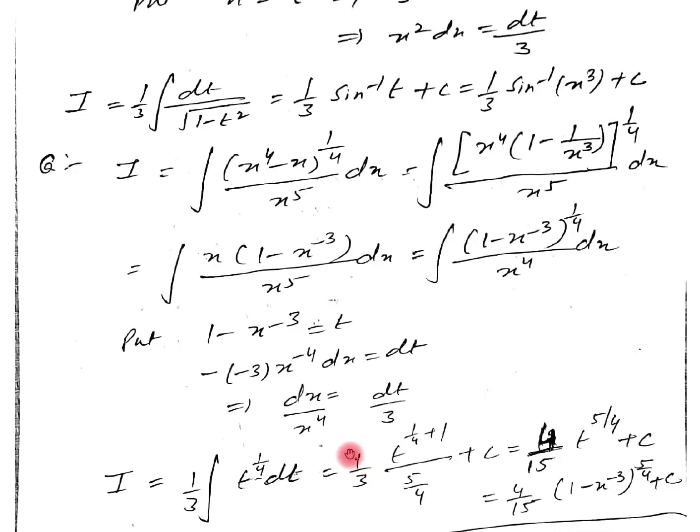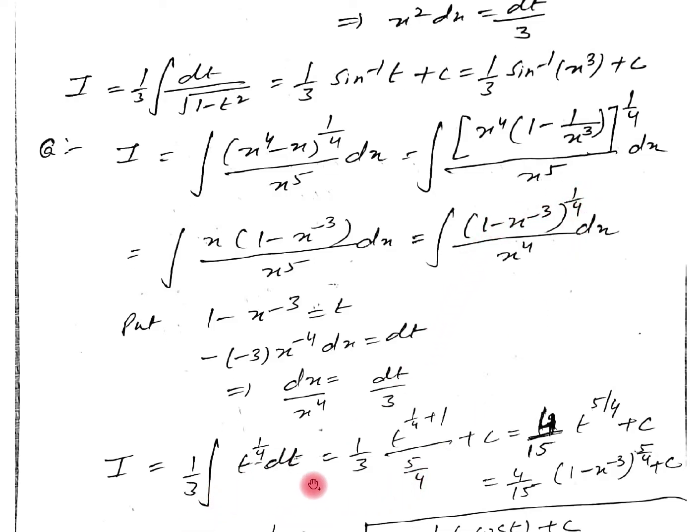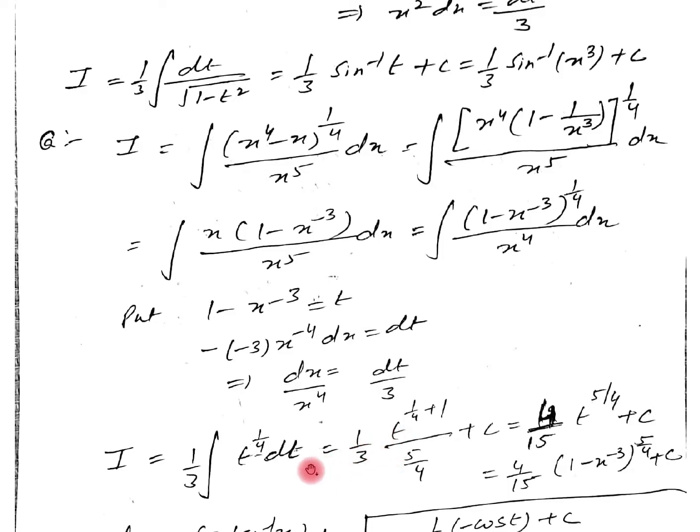Then substituting, we get 1 by 3 t raised to power 1 by 4 dt. Again integrating, 1 by 3 t raised to power 1 by 4 plus 1 upon 5 by 4, plus c. Simplifying, we get this. Resubstituting the value of t, this is the answer.